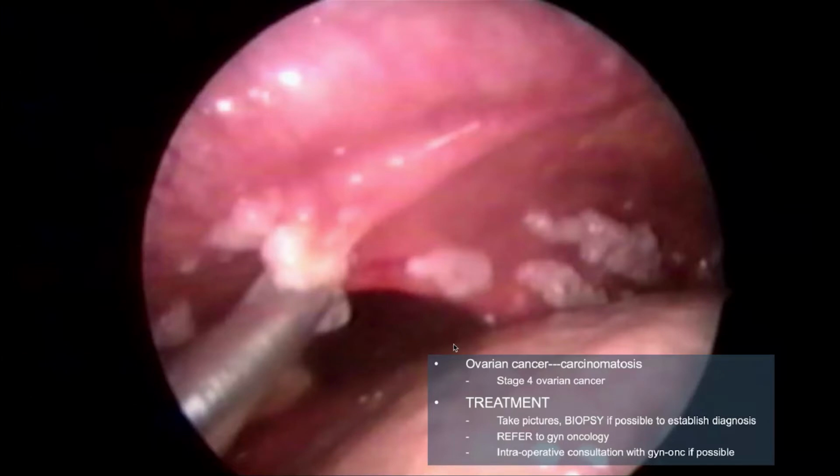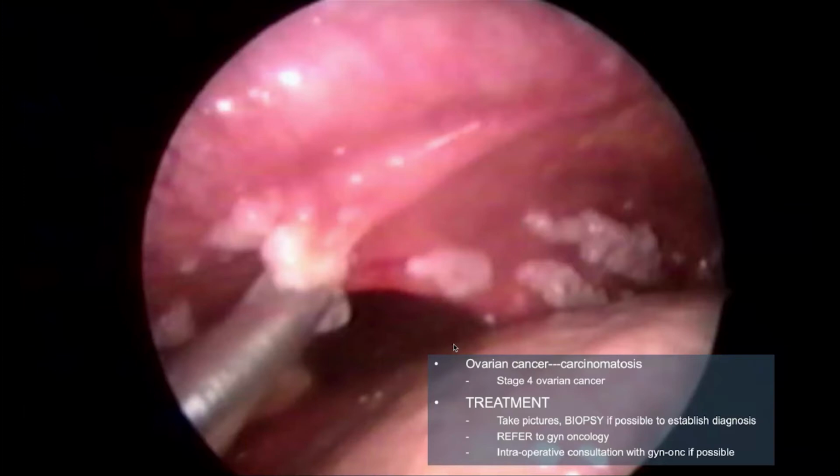These bright white pearly little nodules represent carcinomatosis of the ovary and ovarian cancer. This is stage 4 written, but also stage 3, diffusely spread. It is helpful, one, to take pictures of these.